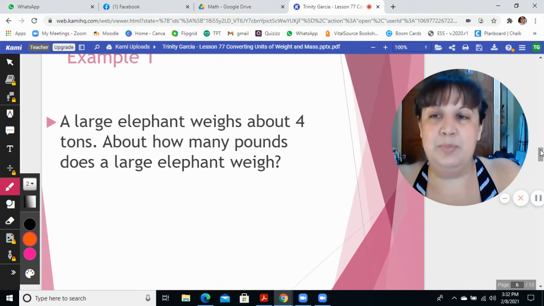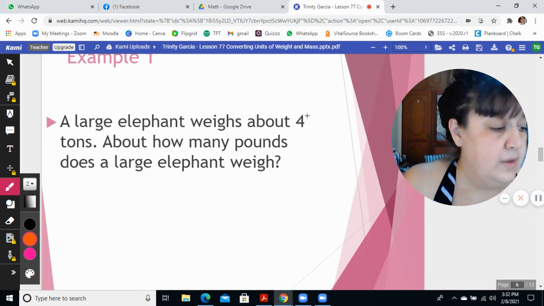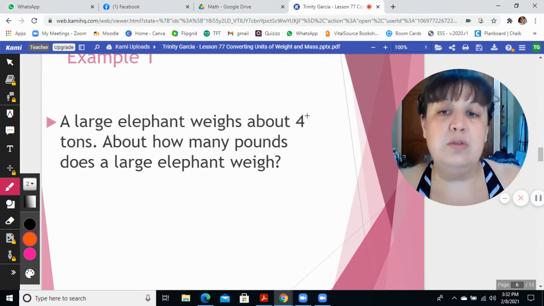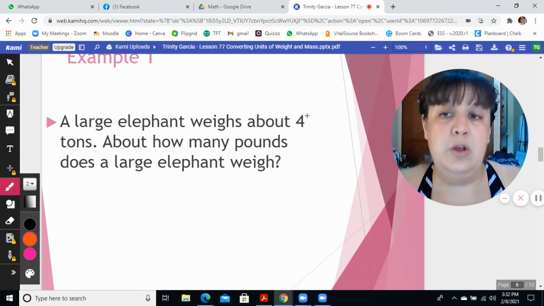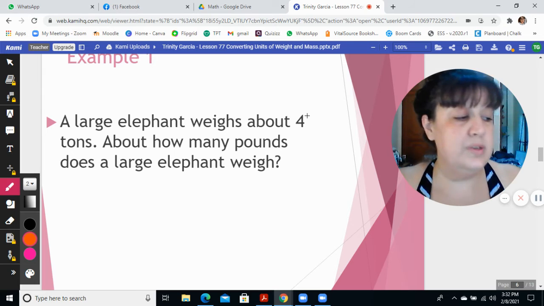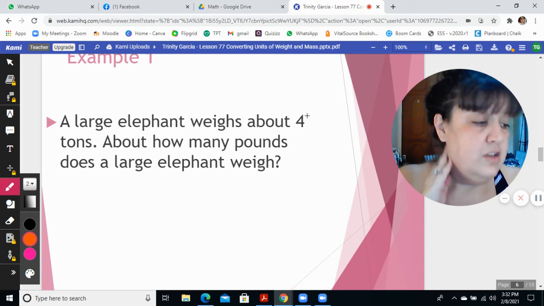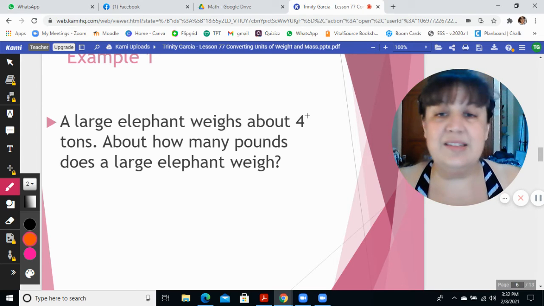All right. Example 1. A large elephant weighs about 4 tons. About how many pounds does a large elephant weigh? We know 1 ton is 2,000 pounds, so 4 tons is 4 times 2,000 pounds.